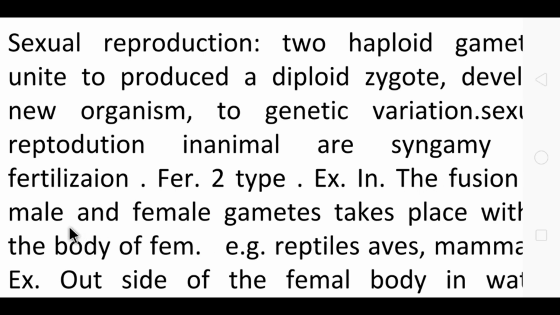The fusion of the male and female gametes takes place within the body of the female. That is called internal fertilization. Example: reptiles, apes and mammals. The next, external fertilization, outside of the female body.